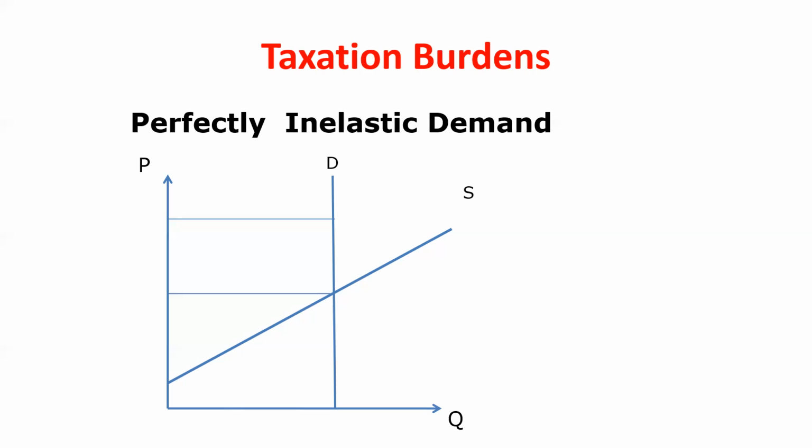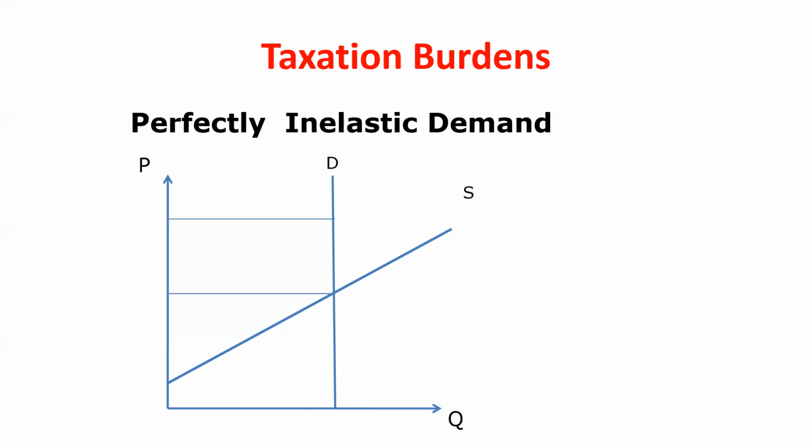Why? It doesn't matter what percent change I put in the price, or what two prices I'm moving between. The percentage change in the quantity demanded is 0. 0 over any number is 0, so the elasticity of demand is equal to 0.